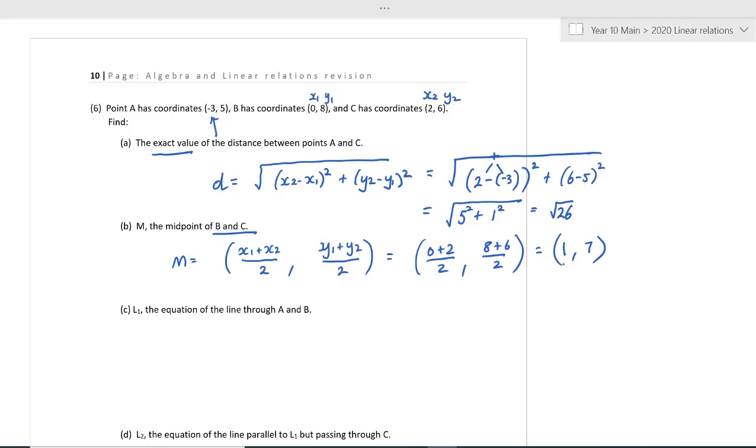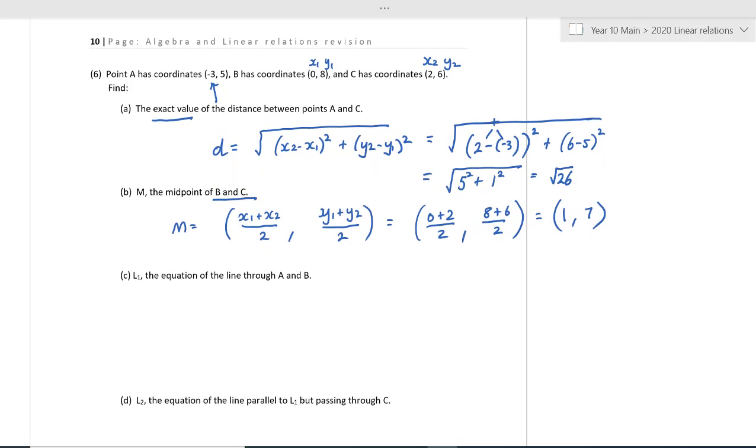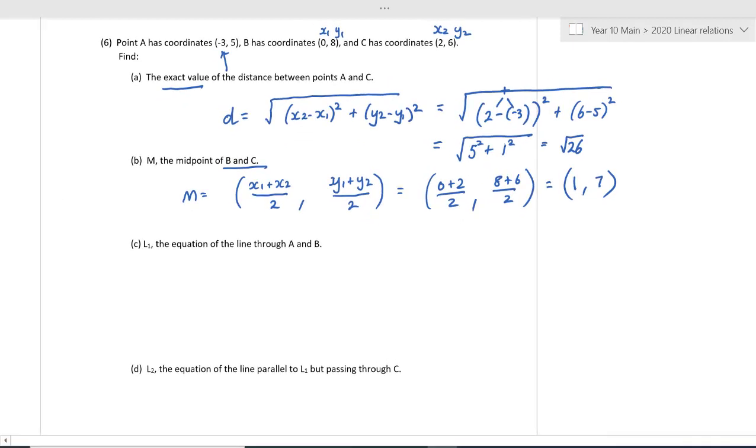Okay. L1, the equation of the line through A and B. So let's have a look. We've got point A. Let's say point A goes through here. So point A, let's write it out. We've got a line that goes through these points, goes through here. Well, that's actually pretty nice, because if it goes through those points, you notice what this is?